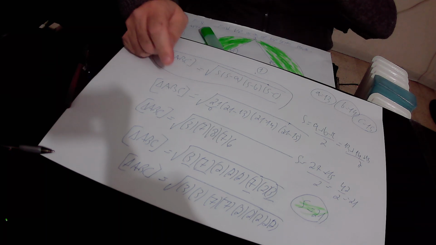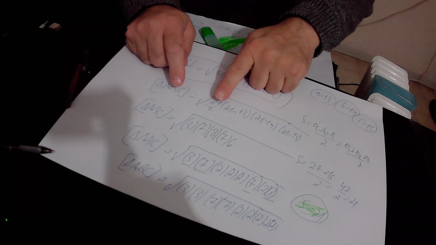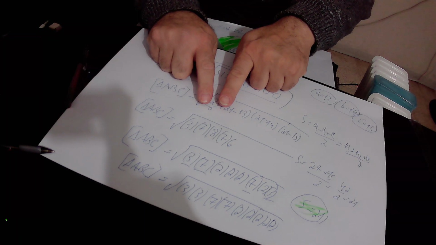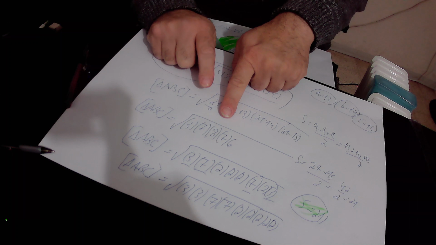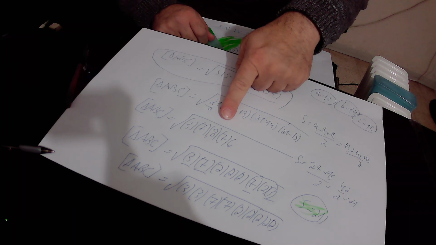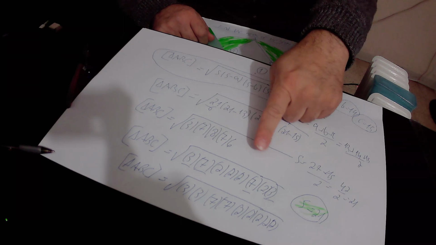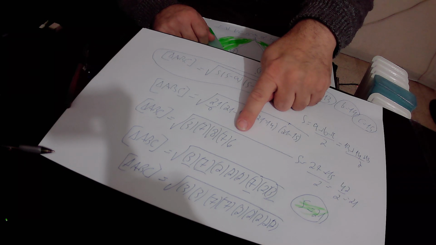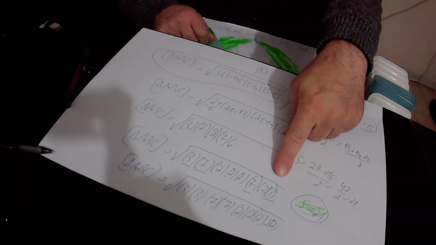So here we have the area of triangle ABC equals the square root of 3 times 7, and here we have 8. We substitute 8 by 2 times 2 times 2, times 7 times 6. And we substitute 6 by 2 times 3.